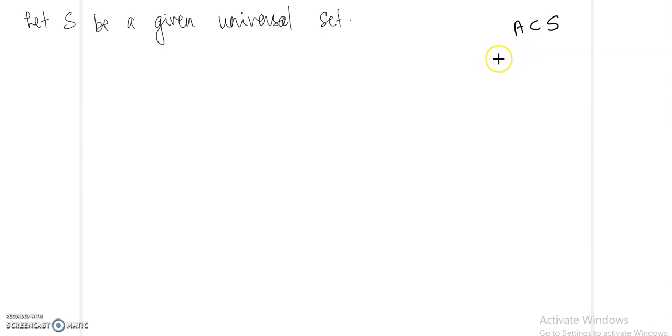Let S be a given universal set, and let A be a subset of S. Now I'll define something called a property on S. We have a universal set, and A is some subset of the universal set.